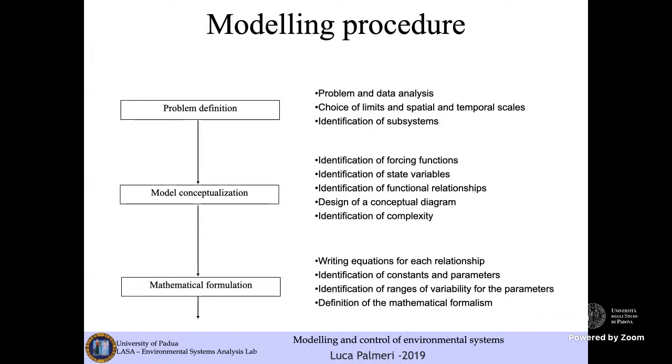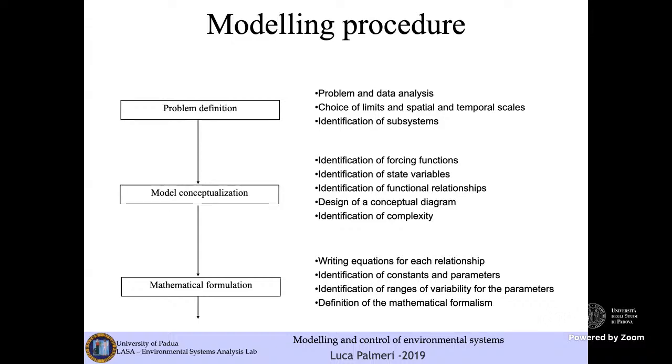So the step of model conceptualization is the point at which you try to translate your defined problem into a kind of conceptual description. So you identify the subjects, you identify the actors on your plot, and you identify the relationships between those actors.